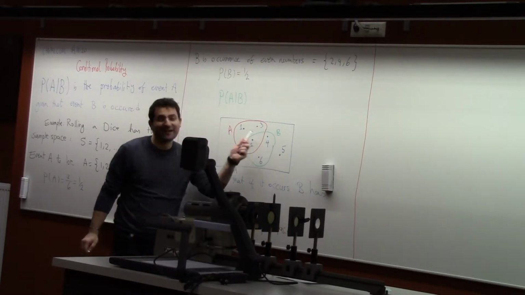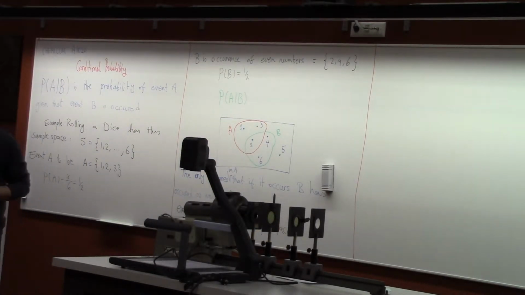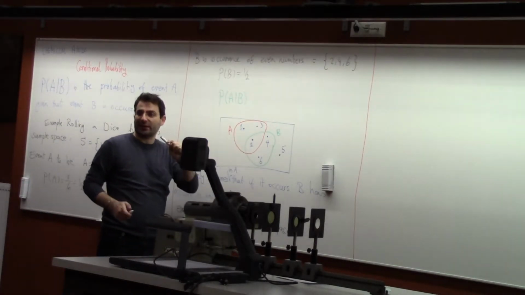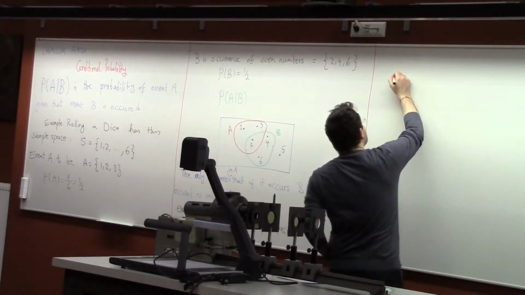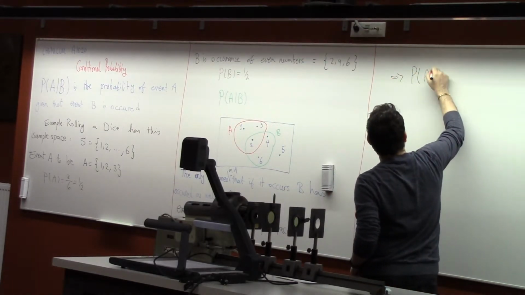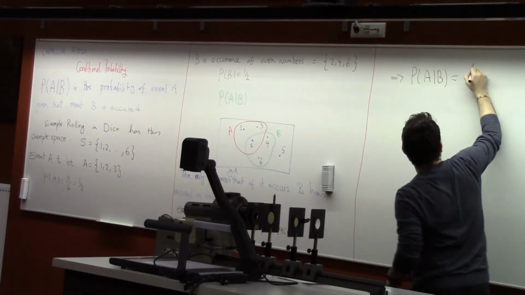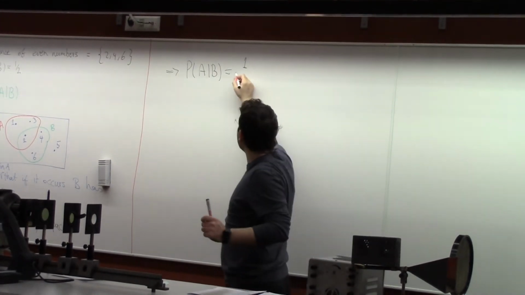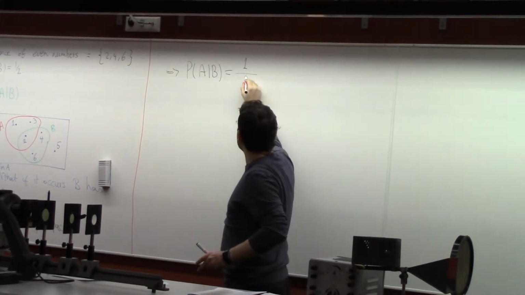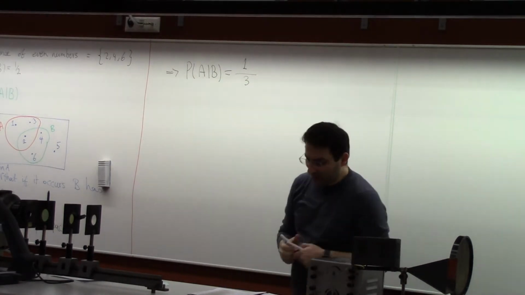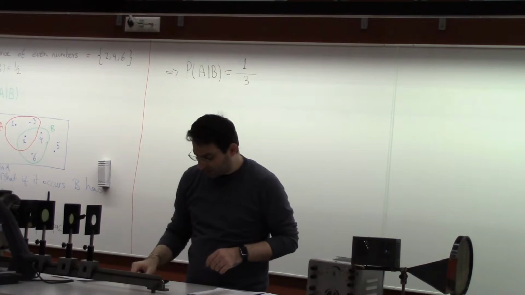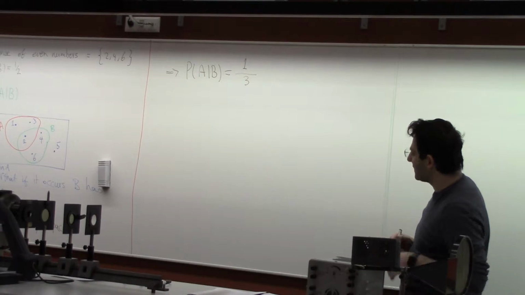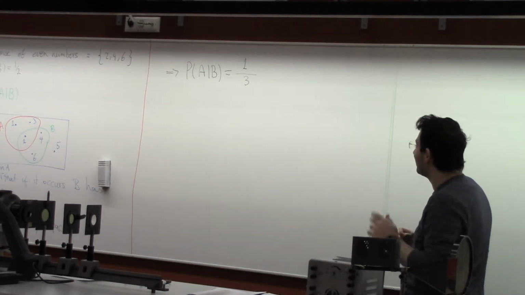Why? Because we understand if anything out of B happens, it is not considered, because the probability is A given that B has occurred. So from these two we understand that for the probability of A given B, we have one outcome, which is 2, out of how many? Out of 3. So the probability of A given B is equal to 1/3.